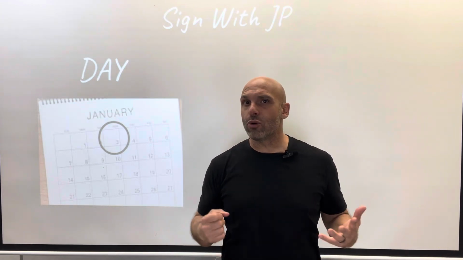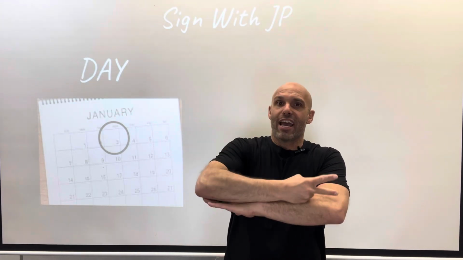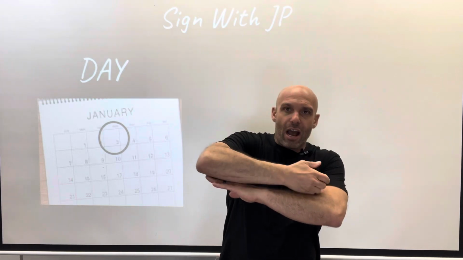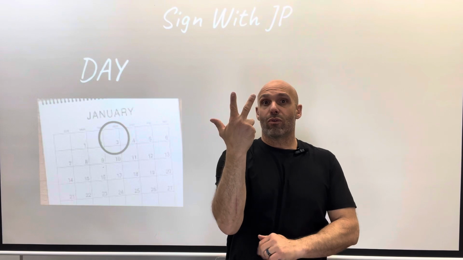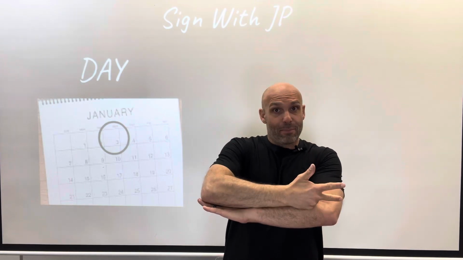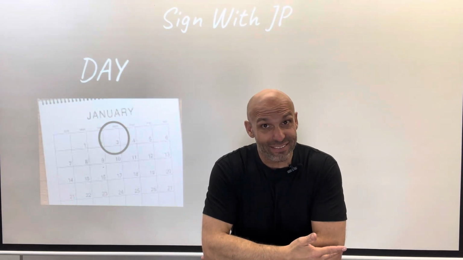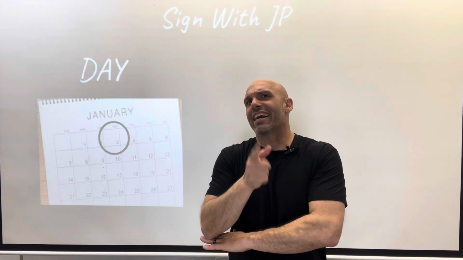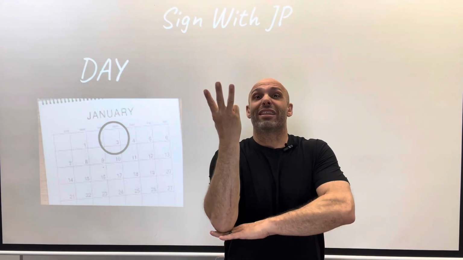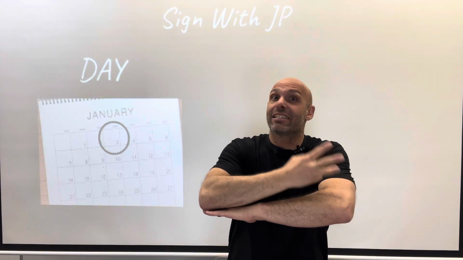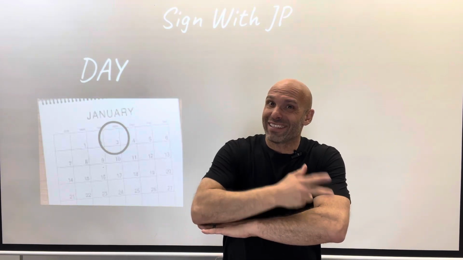And if I want to sign 2 days, I just hold 2 fingers and I close it. So this movement down is the sign for day. If I want to do a 3 on top, that is 3 days. Now, if you're like, that's a weird 3, you got to learn your numbers because this is the number 6. And if I do it this way, that's 6 days as opposed to 3 days.